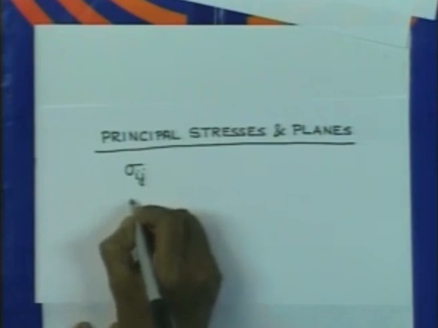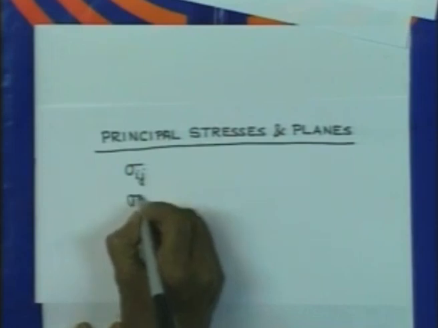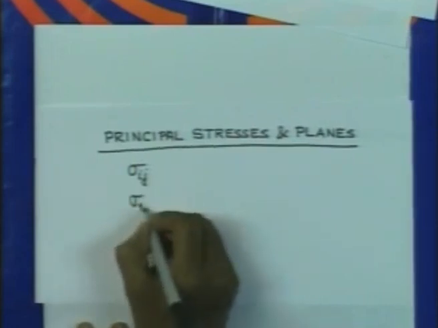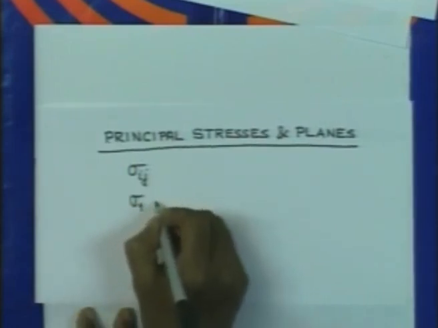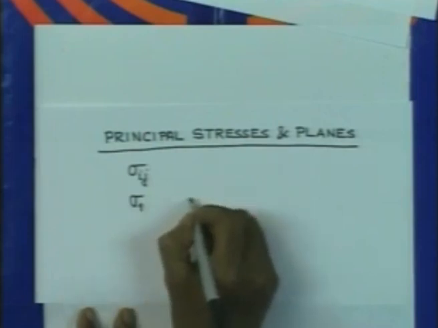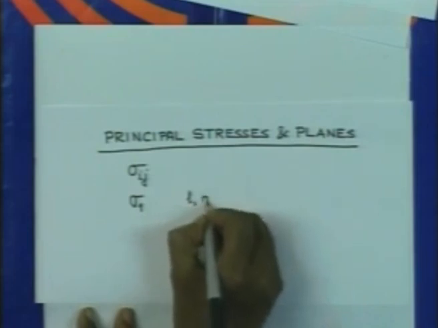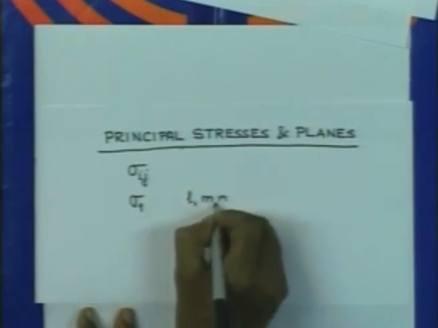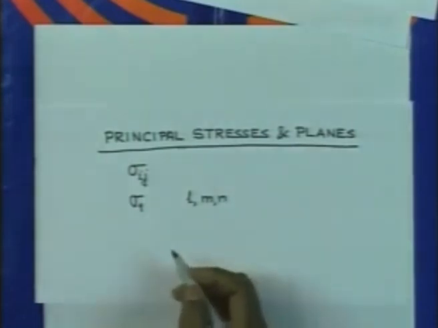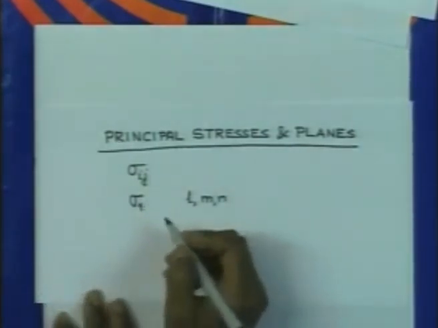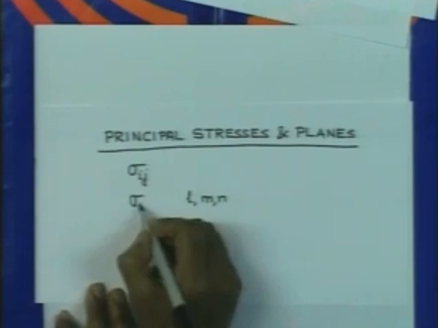So we are interested in determining the stresses like, let us say, sigma 1 and its direction cosines L, M and N. We'll indicate the principal stress just by sigma.